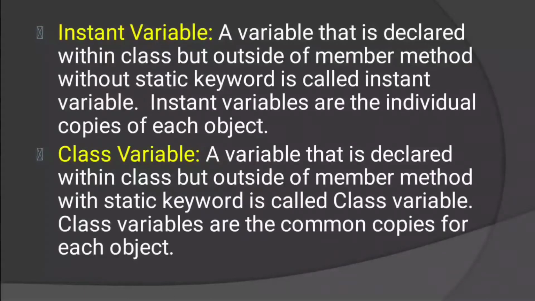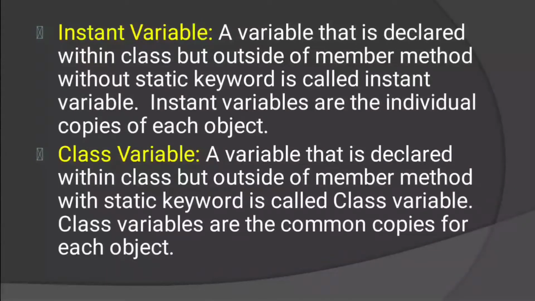See, when we declare a variable under a class, outside of the main function, without the static keyword, then that variable is called an instance variable. Instance variables are the individual copies of each object. It means these variables are independent.